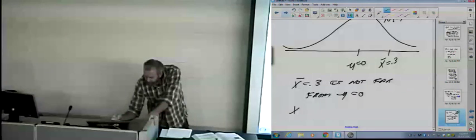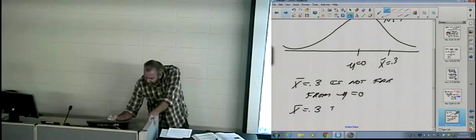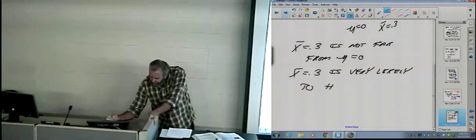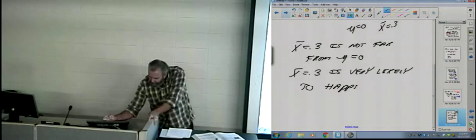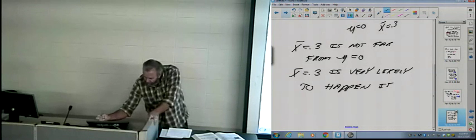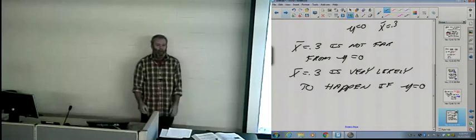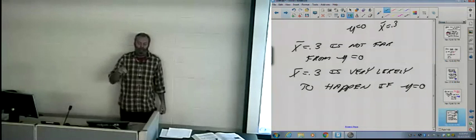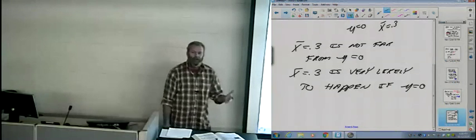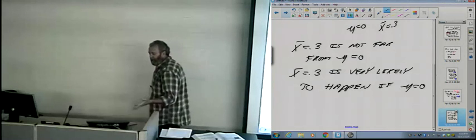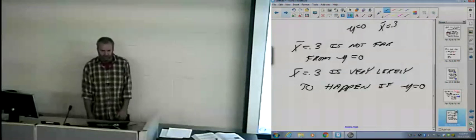X bar equals 0.3 is very likely to happen if mu is equal to 0. I'm writing down the things I'm seeing here and I'm thinking, X bar equals 0.3, it's less than 1 standard deviation away. X bar equals 0.3 is very likely to happen if mu is equal to 0.